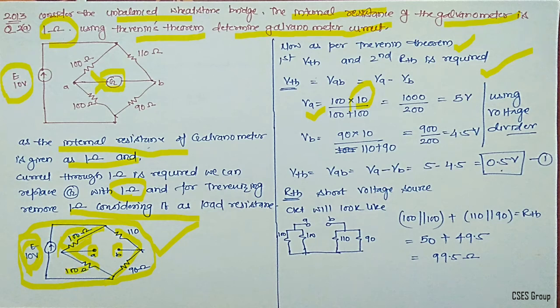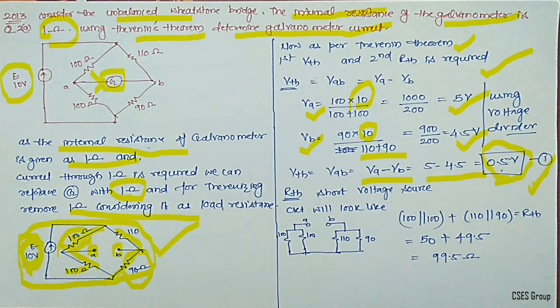That comes as 1000 divided by 200, that is 5 volts. Similarly VB is 90 multiplied with the source voltage 10, divided by 110 plus 90, which comes as 4.5 volts. Then VAB is VA minus VB, which is 5 minus 4.5, that is 0.5 volts. Let us call that equation number 1.